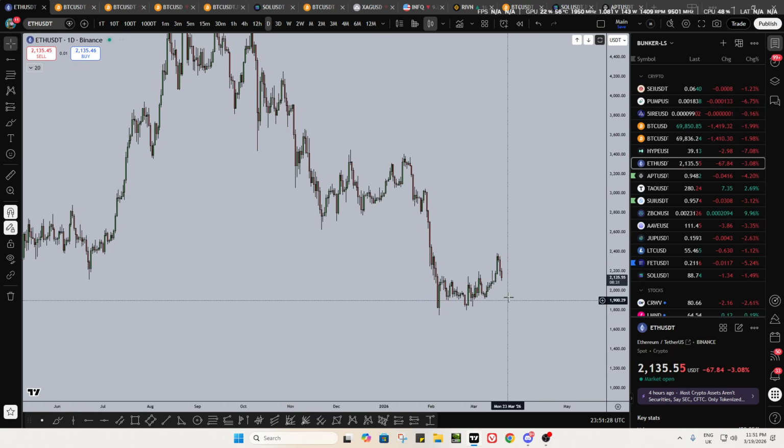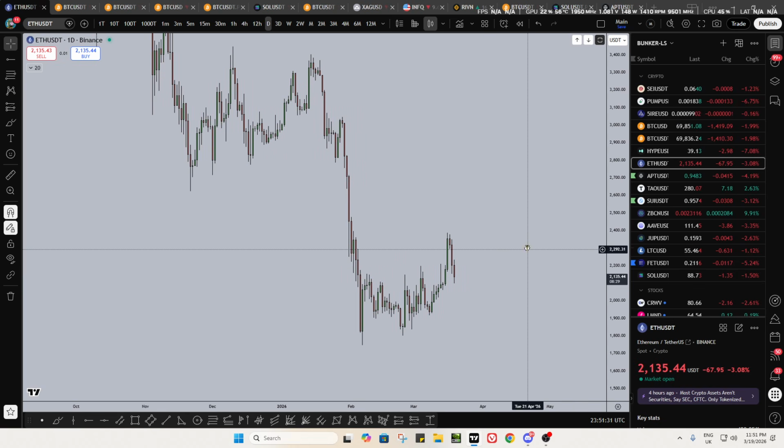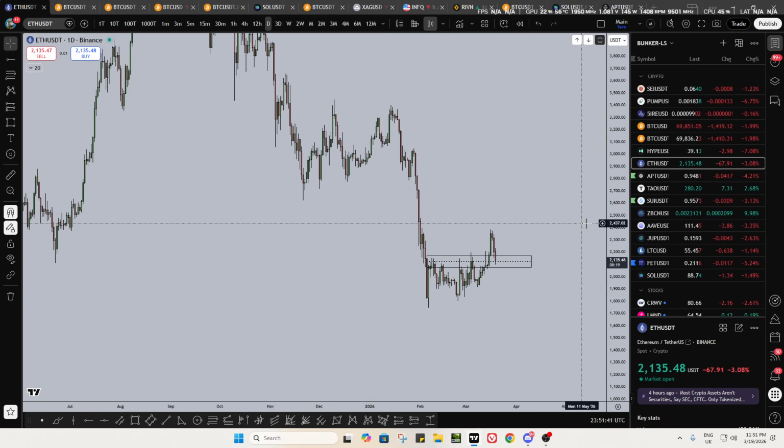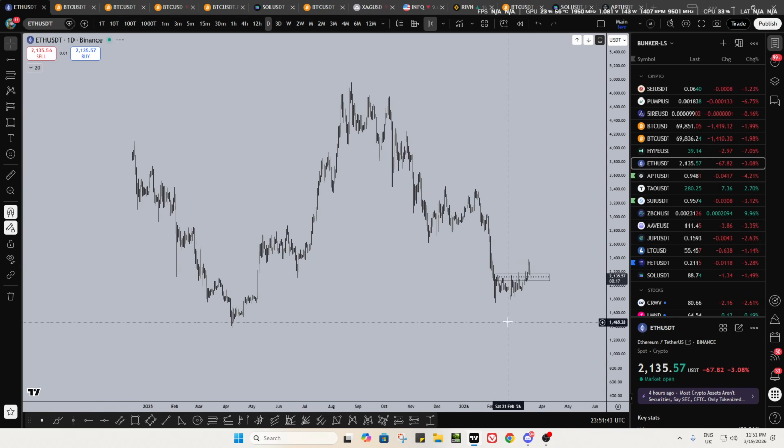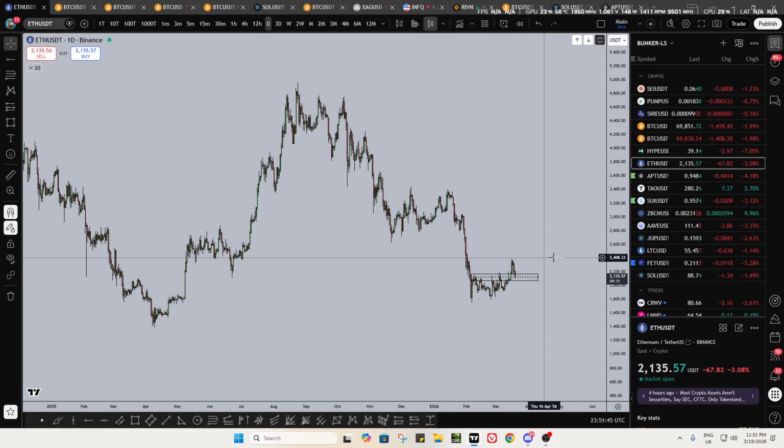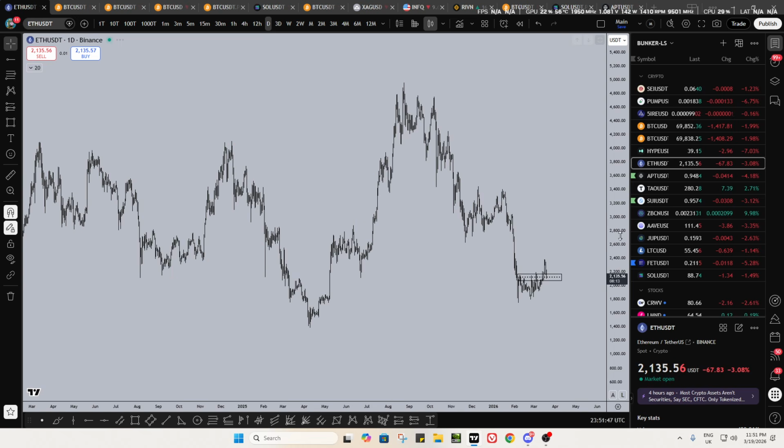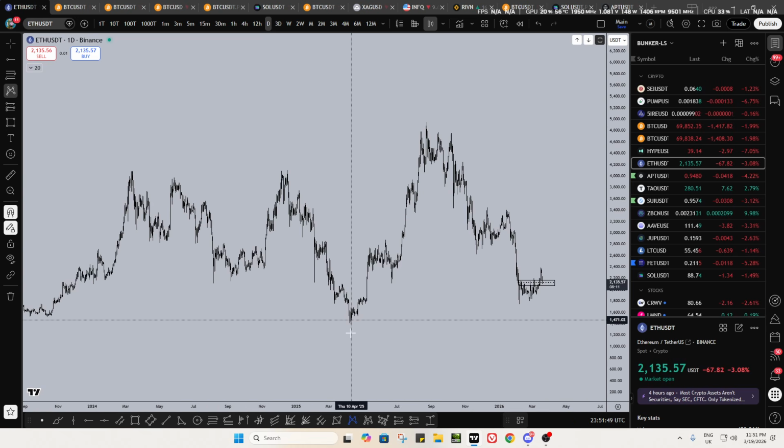Ethereum, similar thing, but Ethereum actually looks better than Bitcoin in the sense that Bitcoin's lost that support we were talking about, while Ethereum is at it currently. In fact, you can just do this for Ethereum. So ETH genuinely looks better than Bitcoin in terms of TA right now. Not even kidding you, it does. Don't forget, Ethereum has also completed an M shape.